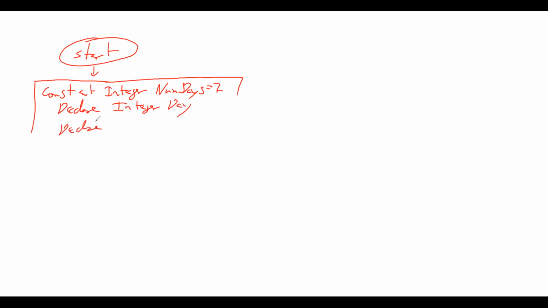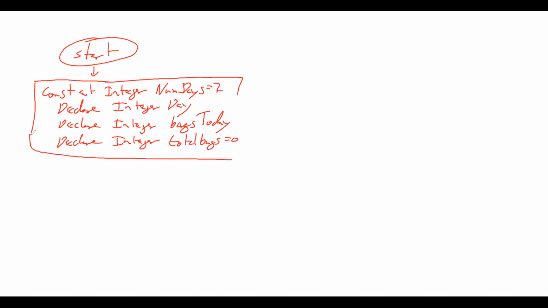Declare integer bugs today. And then declare, a lot of declares. Declare integer total bugs equals 0. All right, so that's the first box.